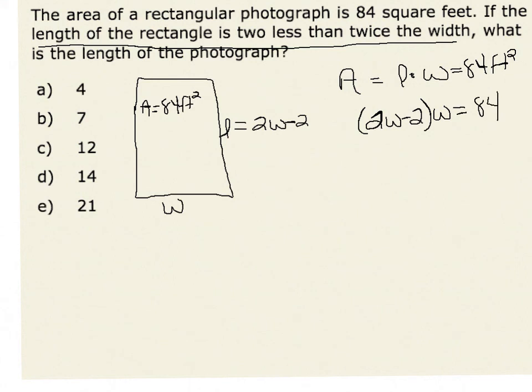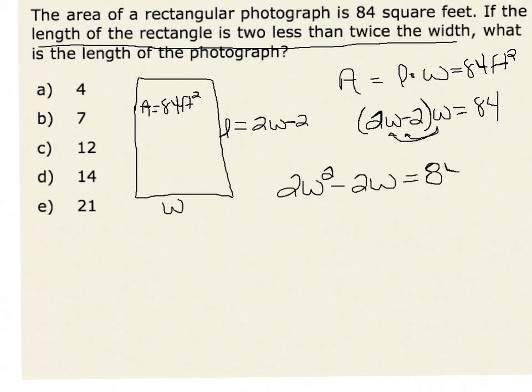We would recognize that I can simplify the left-hand side by using the distributive property. I have W times 2W, or 2W squared, and W times a negative 2, or minus 2W, is equal to 84.